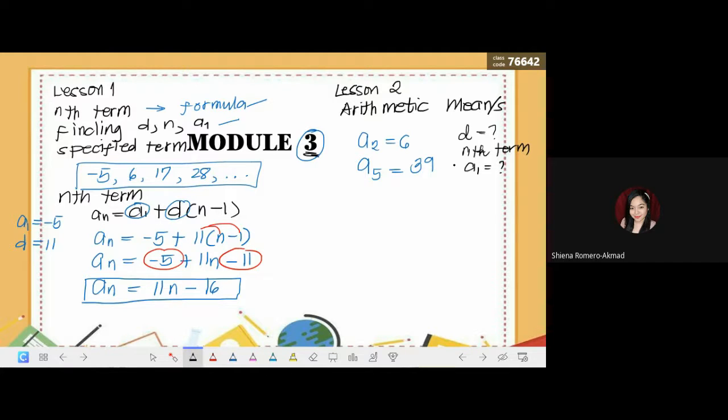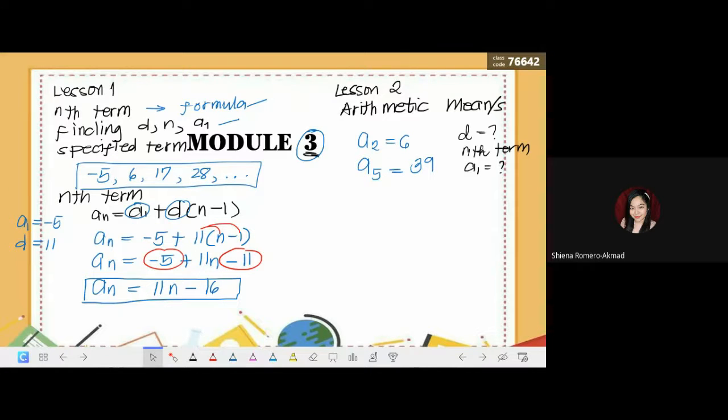Probably yan ang ipapahanap sa inyo pag ganito yung sitwasyon. Okay? So, let's try solving na ang hahanapin natin ay yung d, yung n term, at yung a sub 1. So, paano natin magagawa yon? Una, hahanapin muna natin yung d. Okay? Last week, tinuro ko sa inyo paano hahanapin yung d using the two equations. Okay? So, papakita ko muna ano yon.